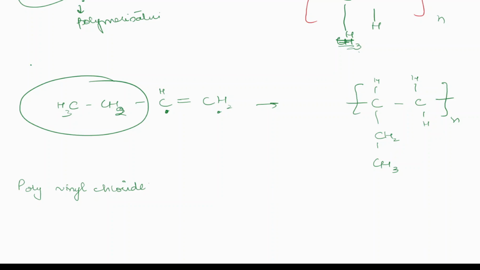Can you make the structure, instead of me writing it for you? Vinyl chloride is ethylene chloride, ethene with chlorine.